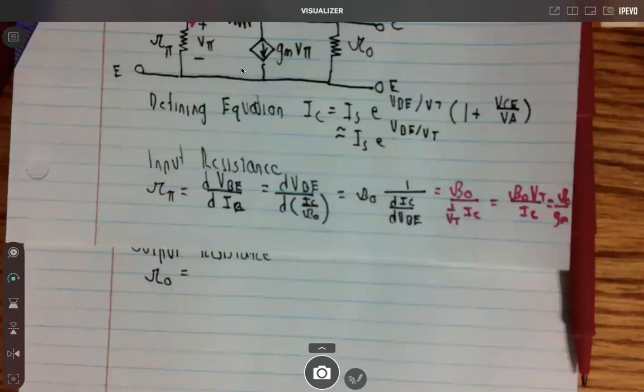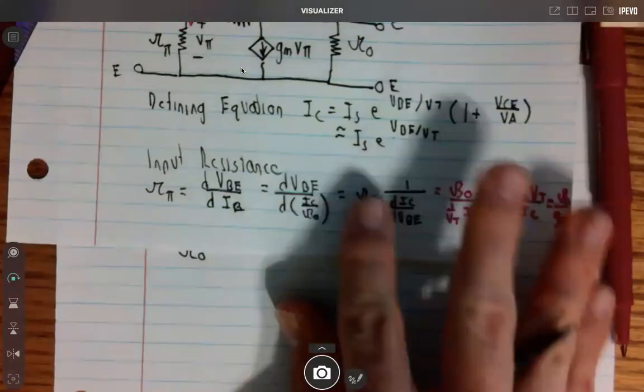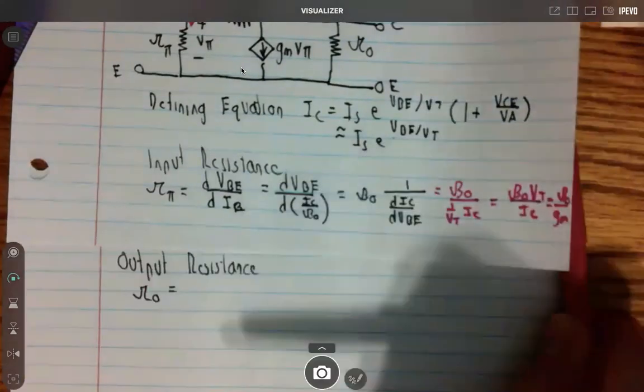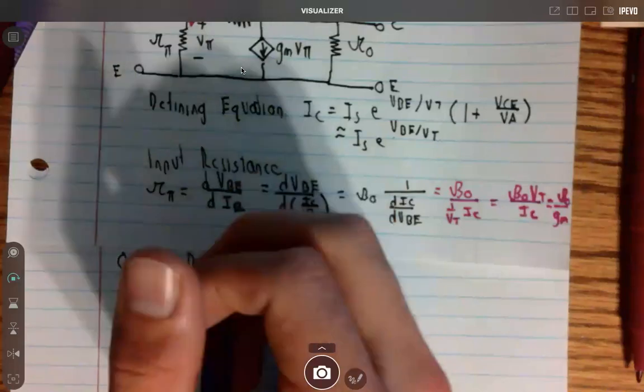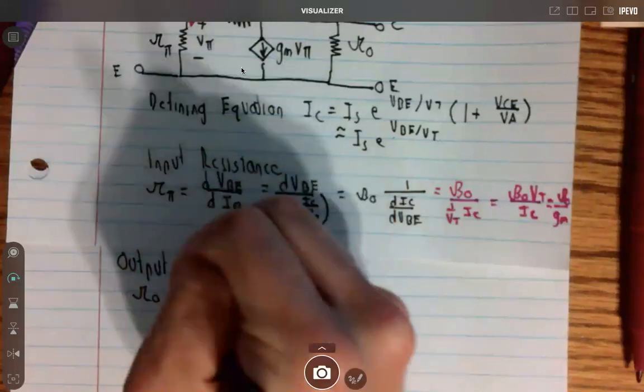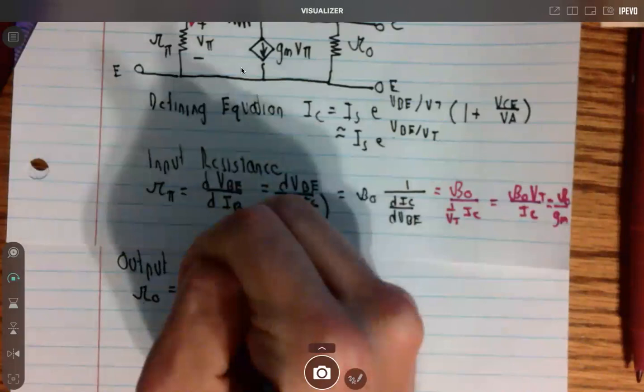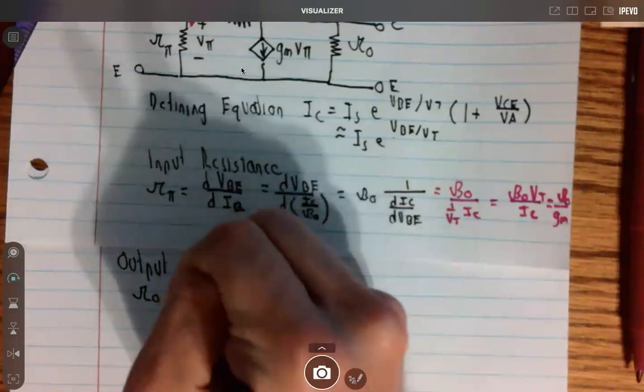And so what we're going to notice is for output resistance, if we write the equation, it's going to be the derivative in VCE all over the change in IC.